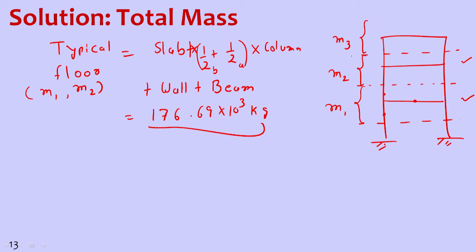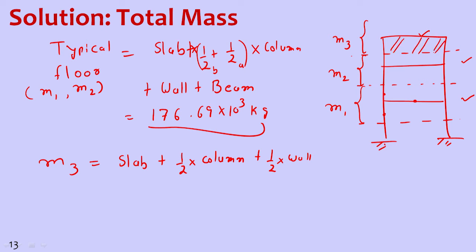Now if we calculate the mass of M3, it will have the mass of the slab plus half the mass of the column, plus half the mass of the wall which is in this area, plus the mass of the beam and the mass of the parapet wall.